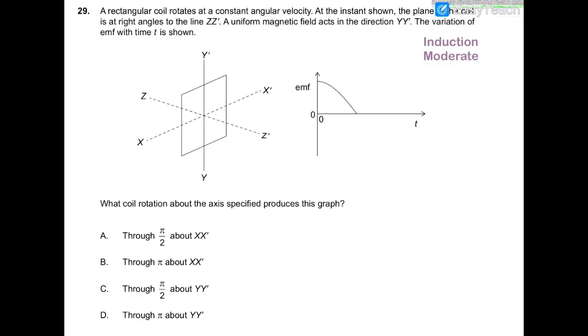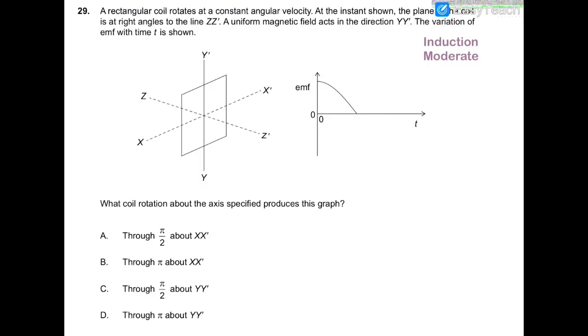See, first of all, we know that the angle rotated by the coil is only 90 degree, because in one complete rotation this graph would have one complete cycle. So one complete rotation has an angle of rotation which is 2 pi, and in one quarter cycle it would be pi by 2. Now we know that the initial EMF is maximum.